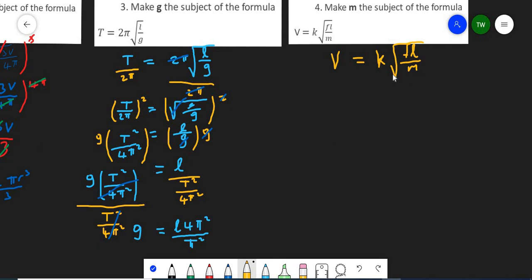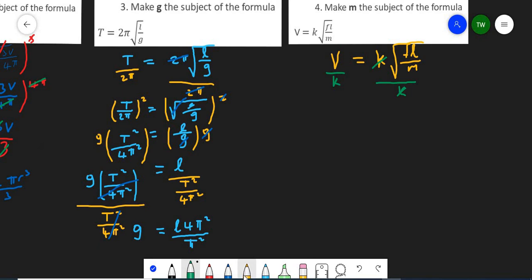Again, the first thing we need to get rid of is K. Why? K is multiplying the square root of FL over M. How can we get rid of the K? By dividing both sides by K. So we're going to divide this side by K, and we're also going to divide this side by K. Clearly, K in the numerator will cancel K in the denominator.